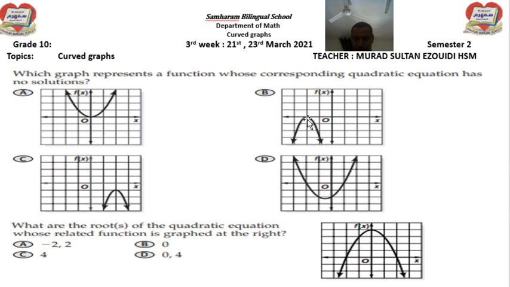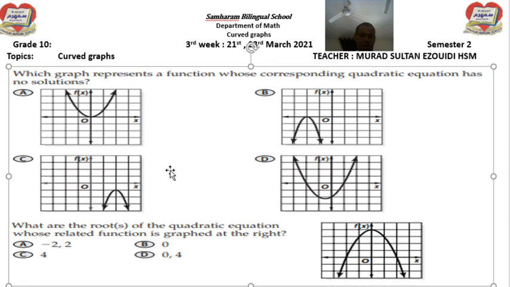This one has a maximum at negative 2, 0, a double root. Here, upwards, it has two roots, x equals 1 and x equals minus 2. Then here, you see this is the x-axis and this one is the y-axis. So this one has no real roots. So the example is C.